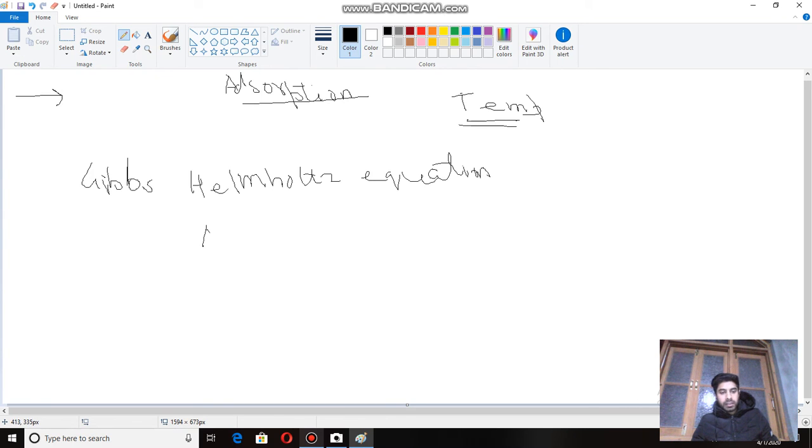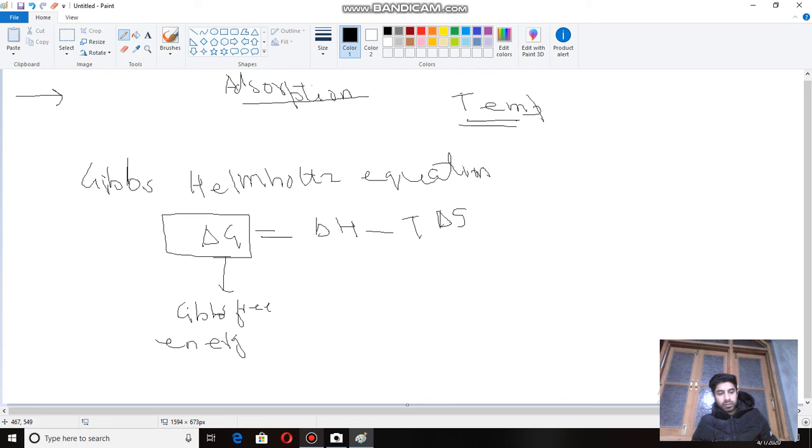It's like this: delta G equal to delta H minus T delta S. This delta G is change in Gibbs free energy. I hope you know this from your 11th level. And this delta H is change in enthalpy.